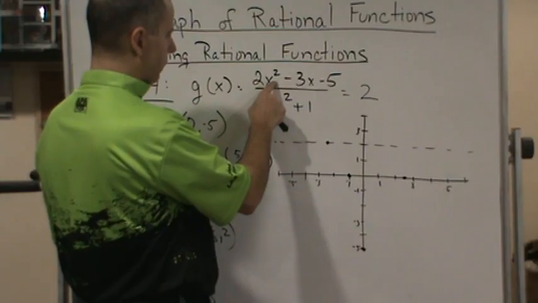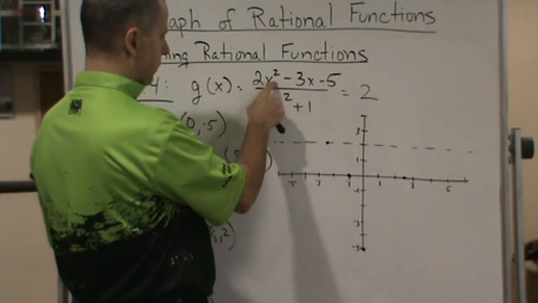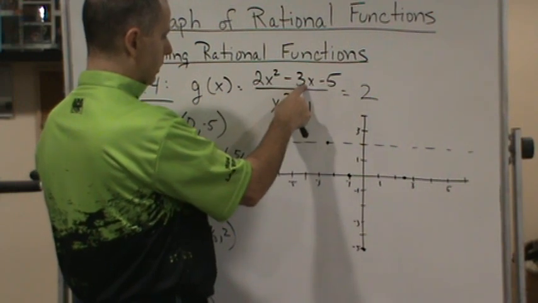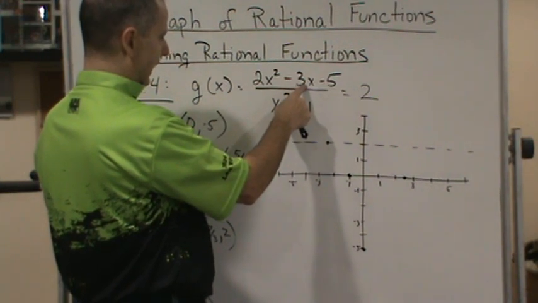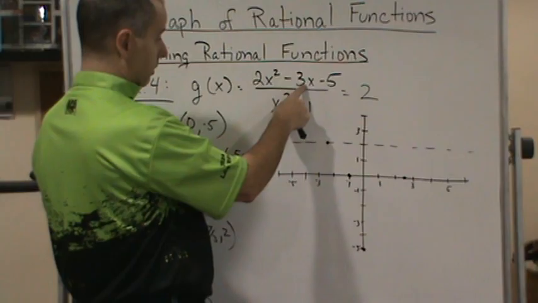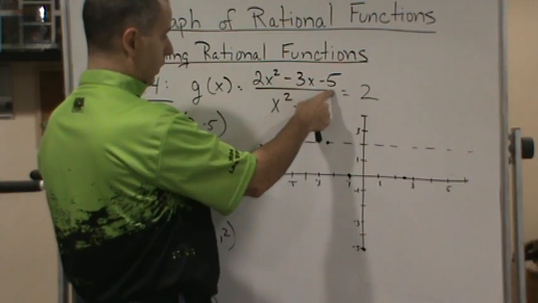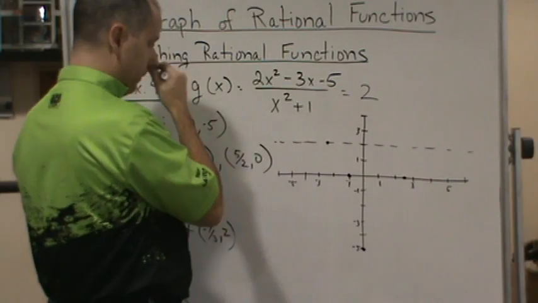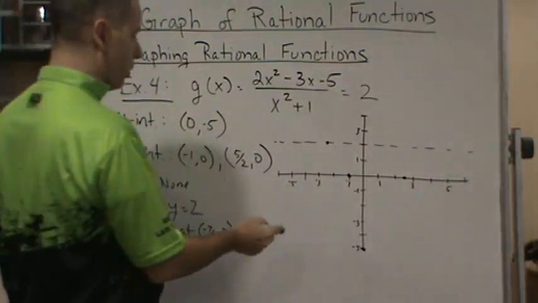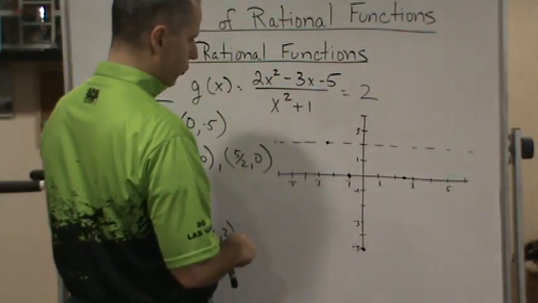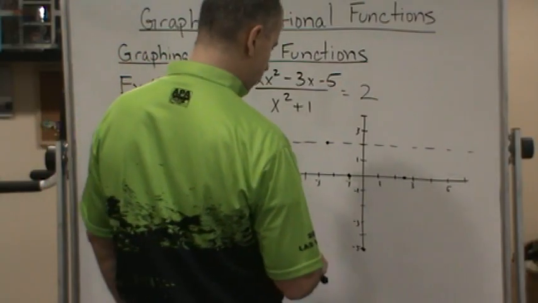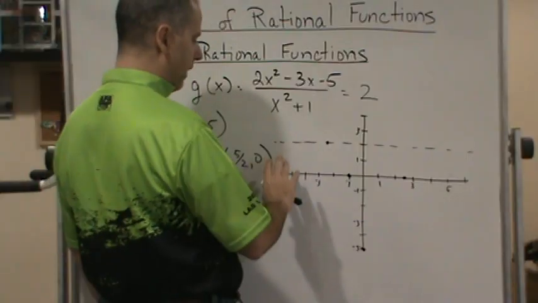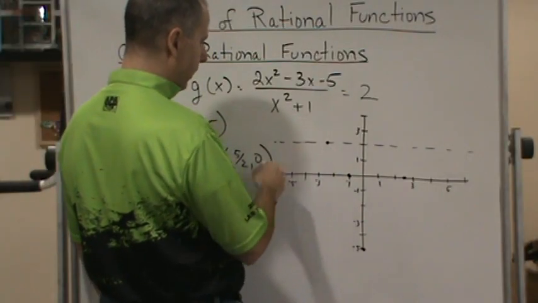So -3 squared is 9, 18, 18 plus 9 is 27, 27 minus 5 is 22, so 22 divided by 10 is 2.2. So yeah, it's going up. Now again, in behavior, it crosses over here.